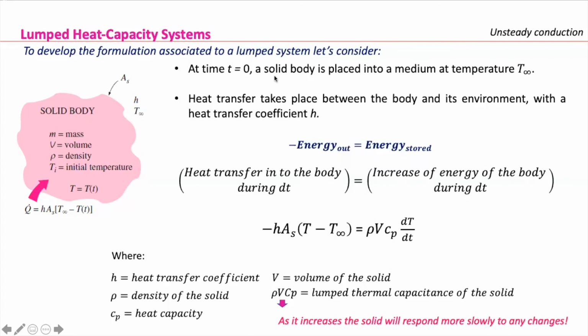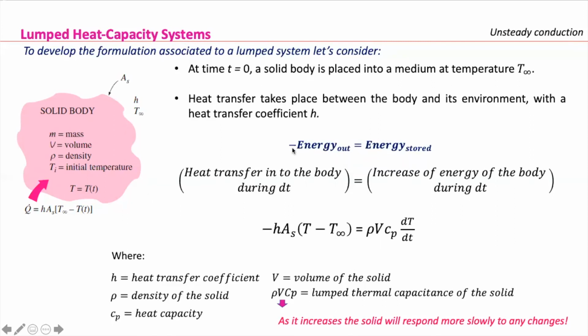At time zero, this solid body is placed into a medium with temperature T surroundings or T infinity. The heat transfer takes place between the body and its environment with a heat transfer coefficient of h, right?